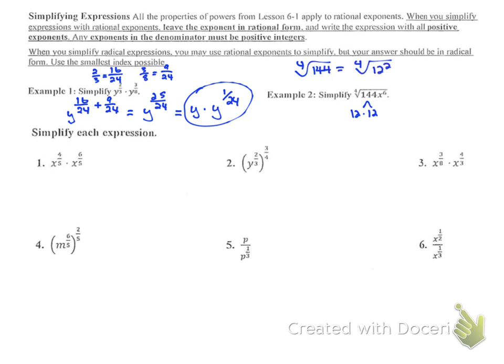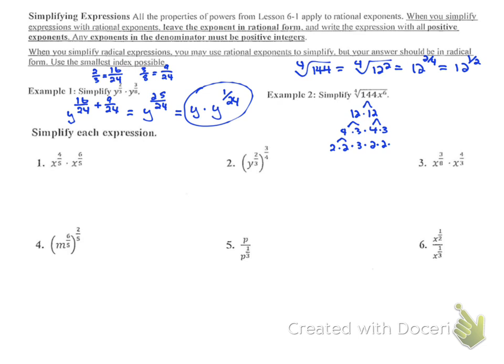So if I took the 4th root of 12 squared and gave it rational exponents, or I could put it in exponential form, what would it be? 12 to the 2/4 power. What's 2/4? 1/2. So the 4th root of 144 is technically 12 to the 1/2 power. Isn't that nice? So it's just the square root of 12.